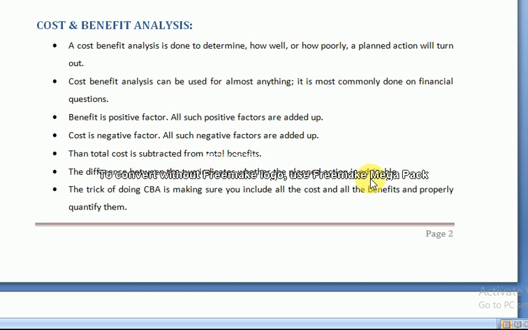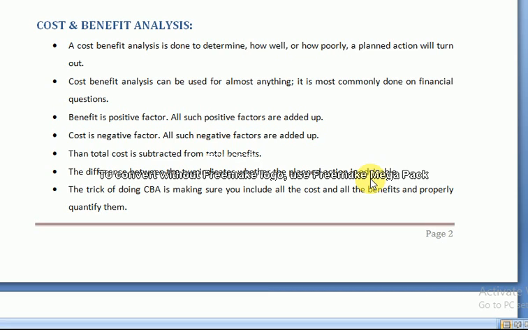This is the general criteria, and such projects will be selected by the project managers.